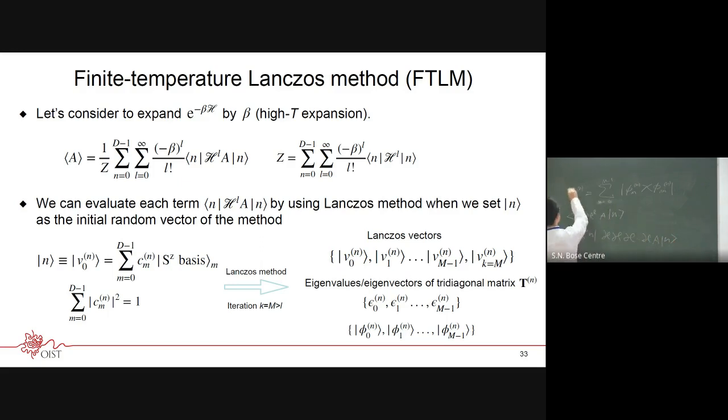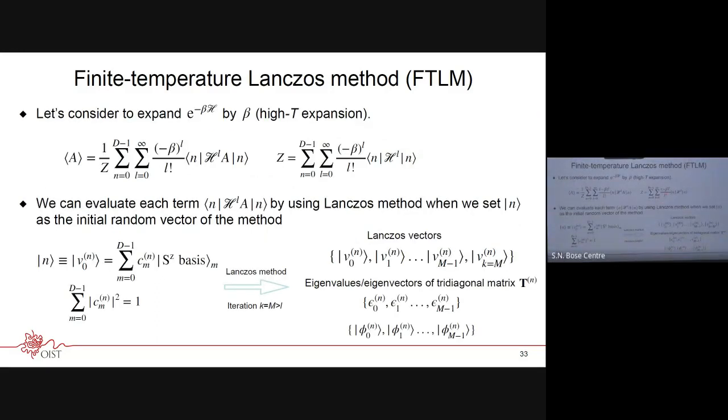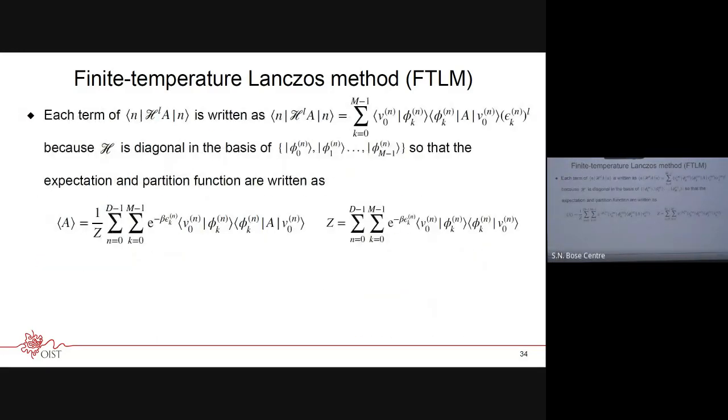And you can insert this one here, here, here, and this Hamiltonian is diagonal to this eigenvector by n. So you can get this equation in the end. So we can derive these original equations into these equations.